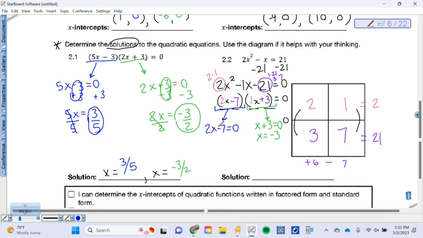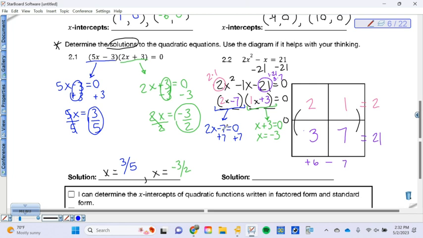If 2x minus 7 equals 0, what do I do to find out what x is? How do I solve for x? Add. I didn't hear you until just now.